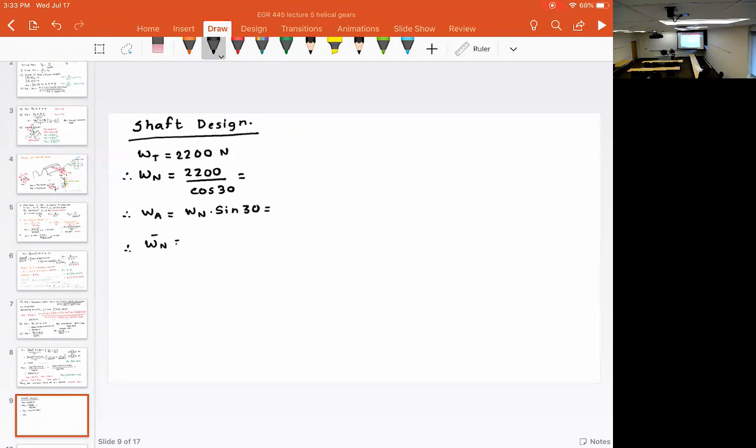WN prime is equal to WN divided by cosine of phi, and WR is equal to WN sine of phi.